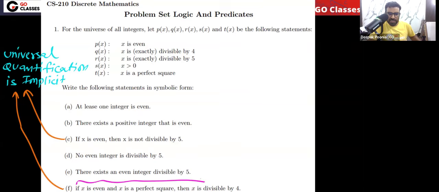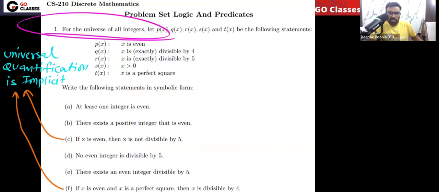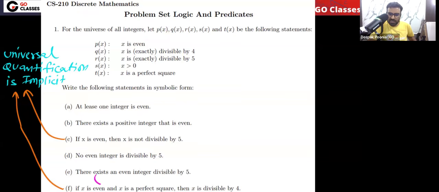Here also in this statement F, we are saying if x is even and x is a perfect square, then x is divisible by 4. What we are basically saying is that for all the integers x, if it is even and a perfect square, then it is divisible by 4. So in statement F also, universal quantification is implicit or hidden. In statement C also, universal quantification is implicit or hidden.